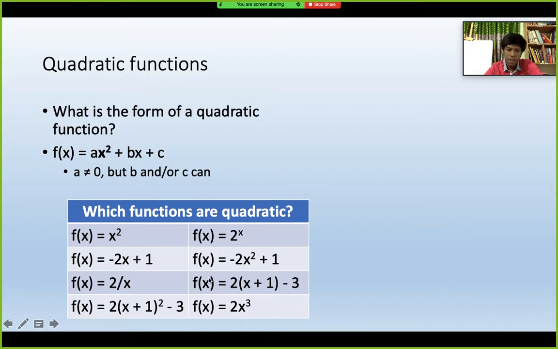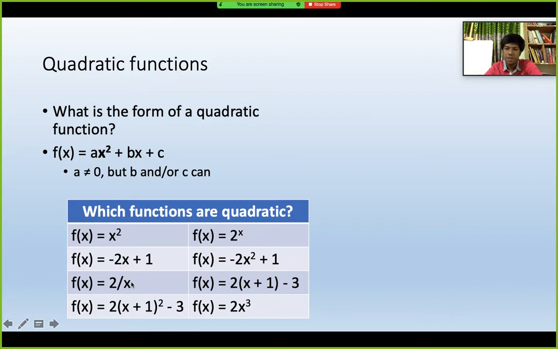So which one is quadratic, which one is not quadratic here? Remember, the power of x has to be 2. Look at which one is quadratic, which one is not. You will notice that this is x squared, so this one is quadratic. The power of x is 1, so not quadratic.